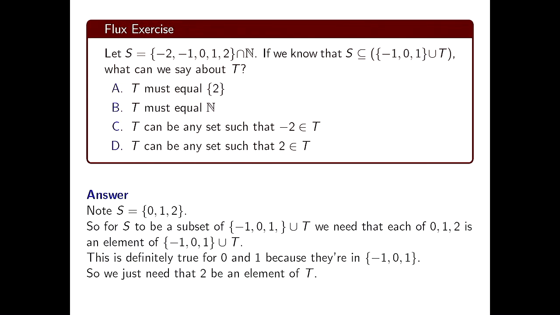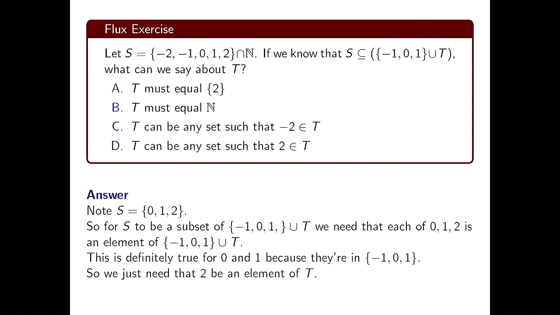Well, I know that we just need 2 to be an element of T. I also think, why not T must equal N? Doesn't that work as well? T equals N does work. I would object to the "must", right? I've phrased the question fairly informally, but I say, what can we say about T? Can we say that T must equal N?